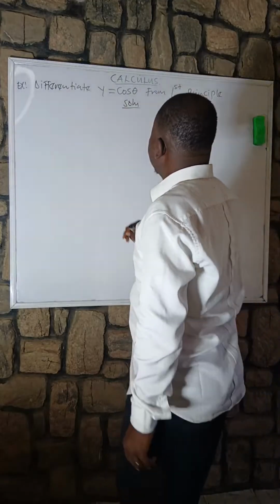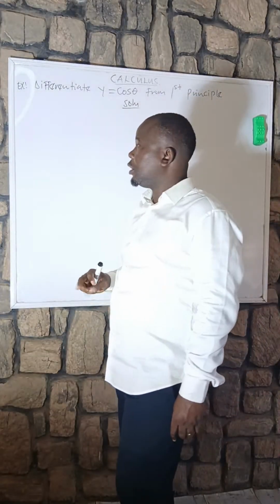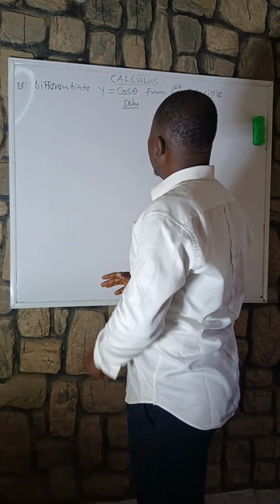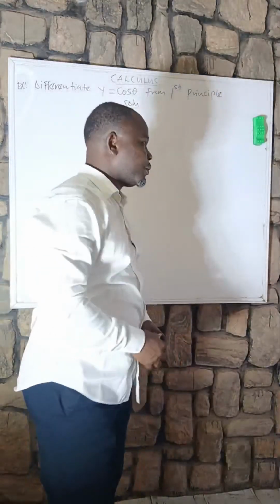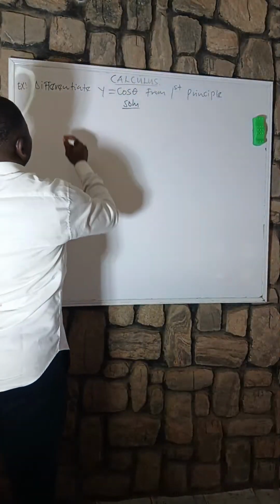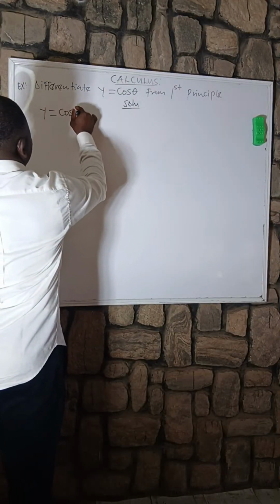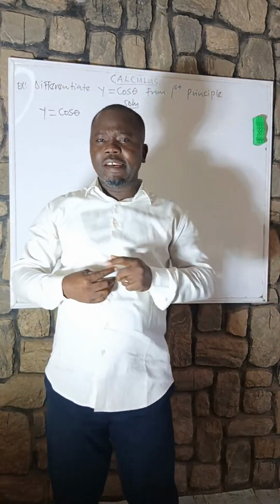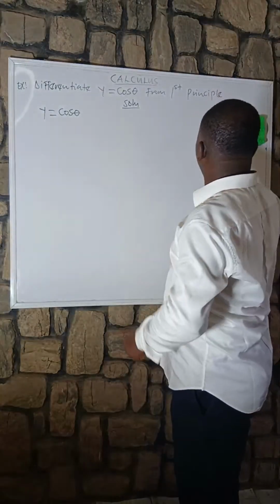We want to consider this simple problem in differentiation, right? How can we differentiate this function from first principle? Our y is equal to cos theta. Ordinarily, if we differentiate cos theta, we are supposed to have what?